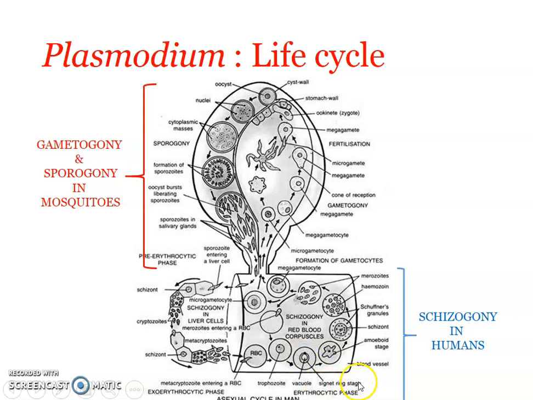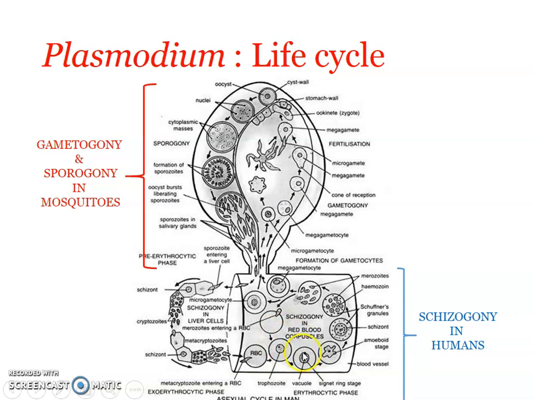So signet ring stage is developed from the trophozoite stage of the plasmodium, and it takes place inside the RBC of humans as a part of the schizogony, erythrocytic schizogony. It resembles a signet ring with a peripherally located nucleus. You can see here, this is the nucleus.